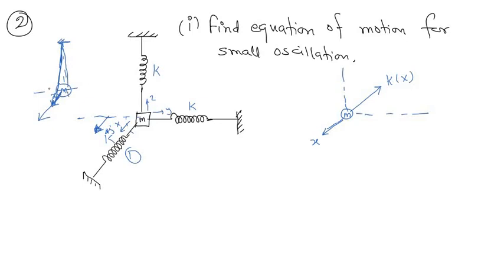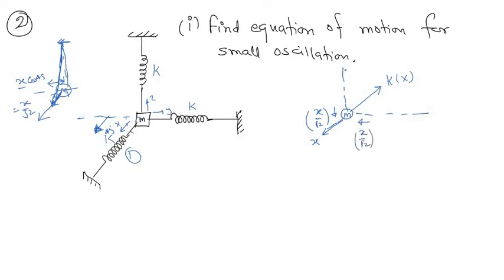So we are saying that this displacement is nothing but x cos 45, that is x by under root 2. So this displacement will be in the downward direction, and that is x by under root 2 distance traveled, and the same for this spring also, which will go in this direction, that is x by under root 2.